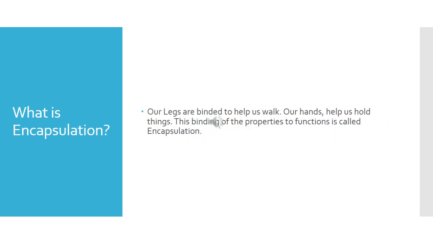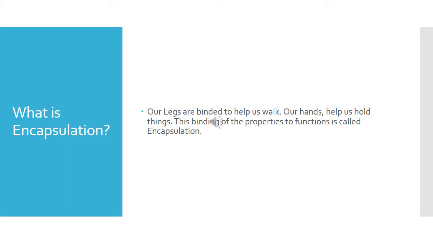After abstraction, the next important concept we are going to learn is encapsulation. Encapsulation is otherwise called binding of data and its properties together. The best example is the class of a C++ program, which we'll be learning in the further slides.